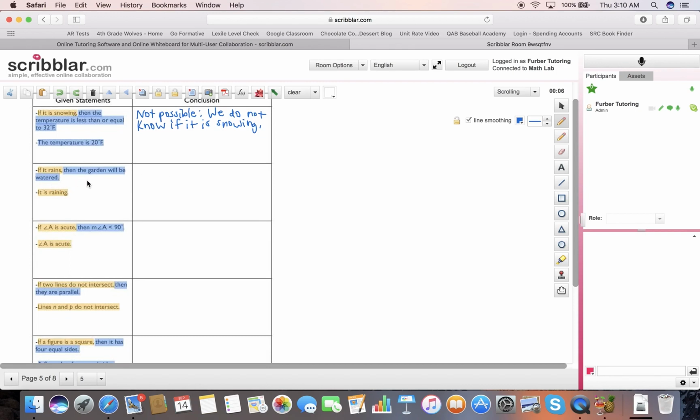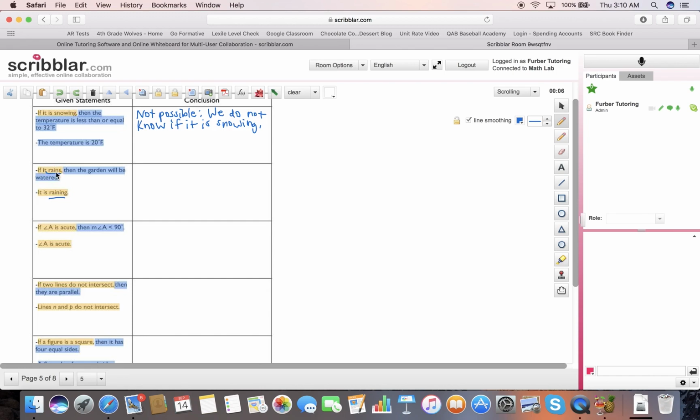If it rains, then the garden will be watered. Hypothesis, if it rains. Conclusion, then the garden will be watered. Look at the statement. It is raining. That's talking about rain, and so is the hypothesis.